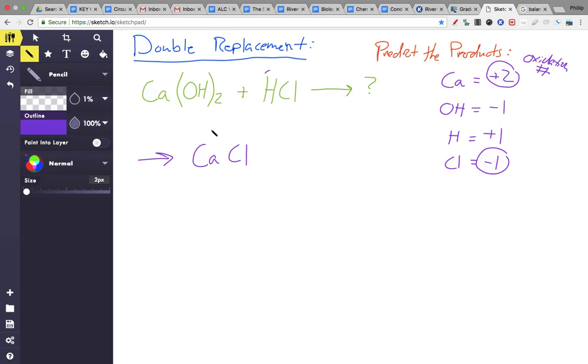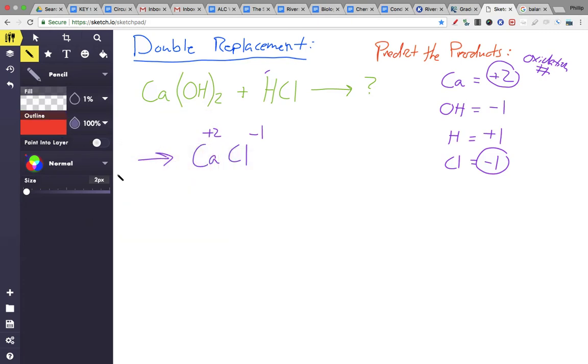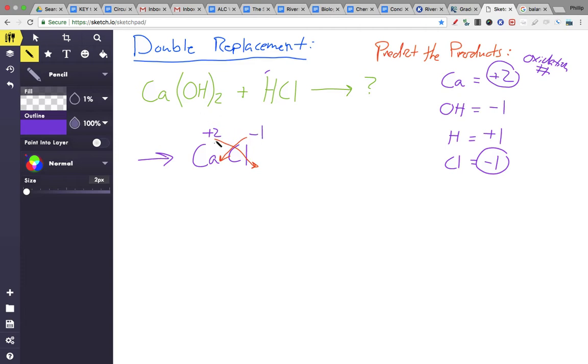Now, calcium comes in as a +2. Chlorine comes in as a -1. Think of those numbers as crossing and forming a ratio to the other one, is how I think of it in my head. Because calcium is +2, a 2 goes down, and you need 2 chlorines to match with that calcium.